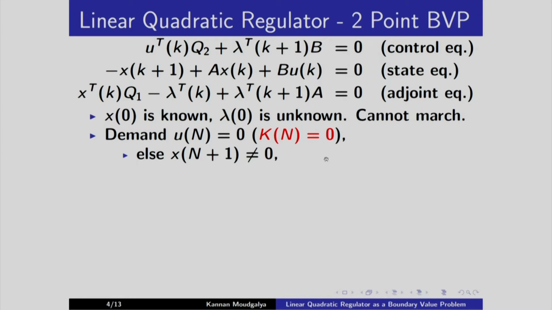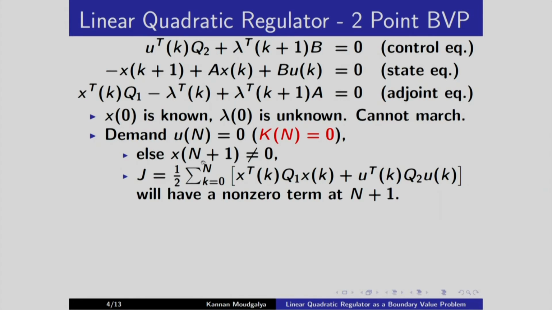If x of n plus 1 is non-zero, then this index will have a non-zero term at n plus 1, whereas we are summing only up to n and we are saying that we should minimize this. How can we ignore the non-zero term at n plus 1?